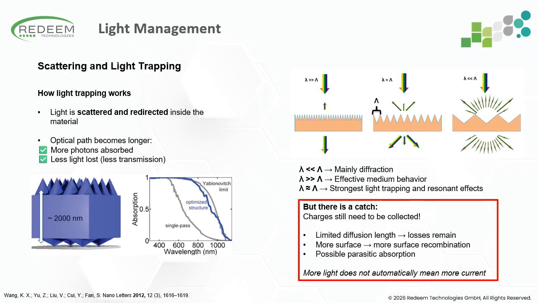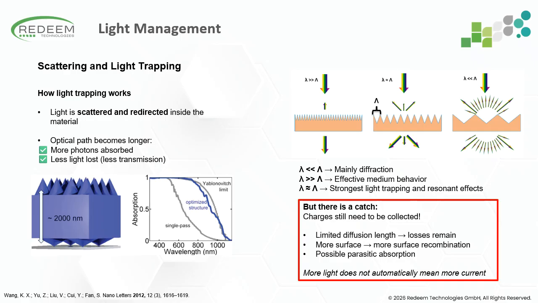So if you look now at the red box, you can see that there is an important trade-off again. Capturing more photons is only beneficial if the generated charge carriers can still be collected efficiently. Increasing the surface area means also increasing the probability of surface recombination. We talked about this before.